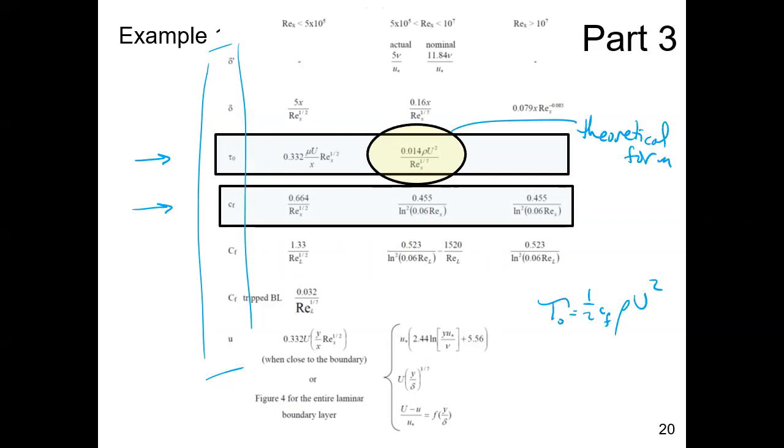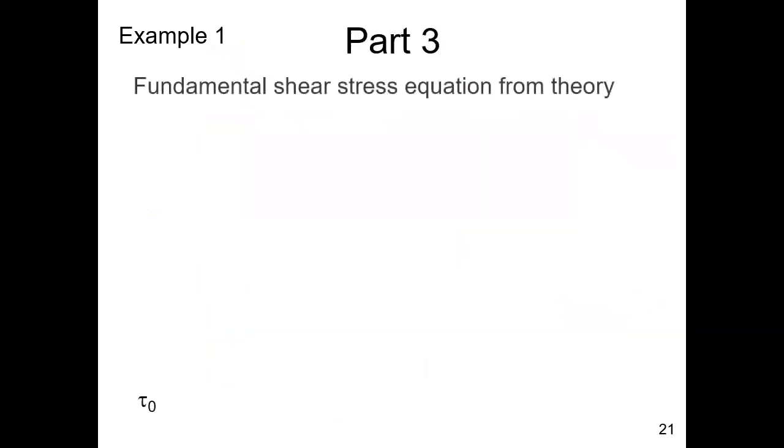We already know at x equal to 1 meter, the boundary Reynolds number is 3.82 times 10 to the 6th. It's a transitional boundary layer. So if you're using the momentum form of this equation, that's the equation you're going to use. I'm going to do both. We should get about the same answer. There's always a difference when you go from theory to practice, though, because it's in how well they calibrated little CF, the shear stress coefficient, as it's known. So part 3, again, we want to find tau 0 at 1 meter. So let's first look at the theoretical equation.